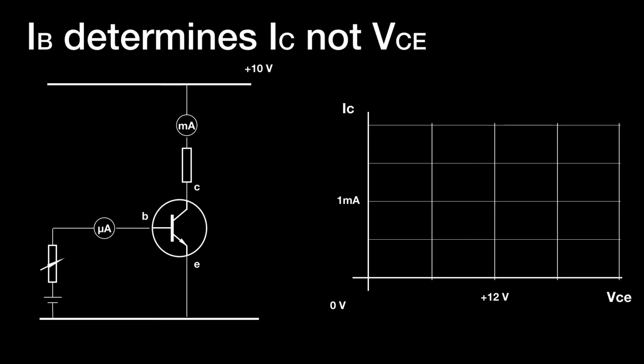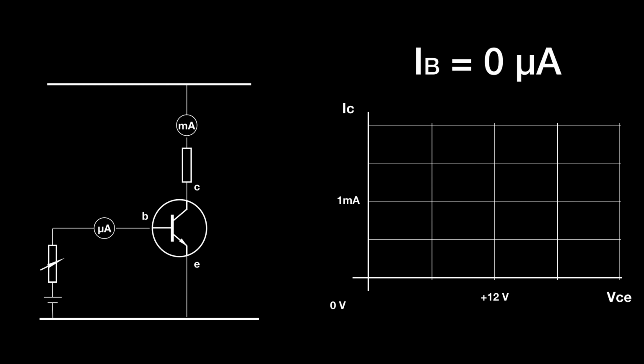So here we have a circuit with perhaps 10 volts at VCE between the collector and the emitter, and we have no current flowing into the base because the variable resistor shown on the left hand side of the diagram in the base circuit is set to a very high value, and so virtually no current flows into the base, and so no current flows through the collector emitter circuit.